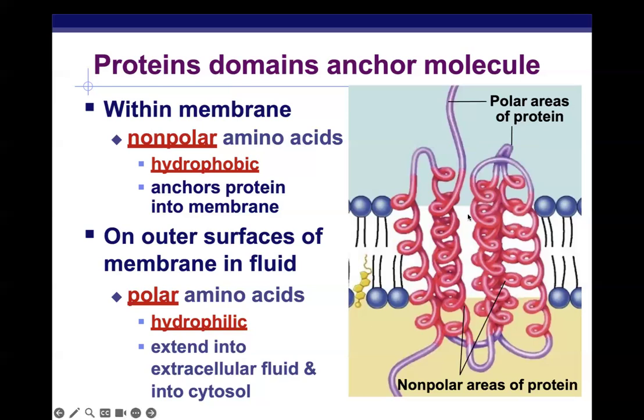So the fact that these proteins can be made of segments that have a greater concentration of polar versus nonpolar amino acids makes them the perfect things to span the phospholipid bilayer.